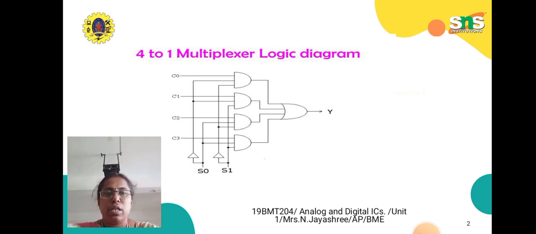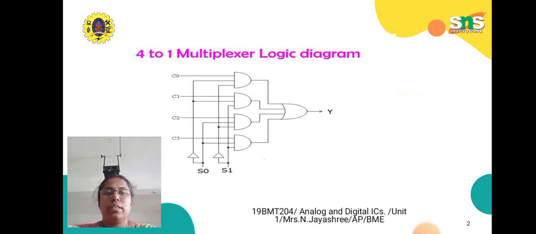Next one is 0, 1. If it is 0, 1, what output will come? D1. Yes, you are right. D1 will come. So for getting D1 as the output, you must have the input 0, 1. So here S1 is 0 and S0 is 1. Next one is D2. If you want to get D2 as the output, the input is 1, 0.